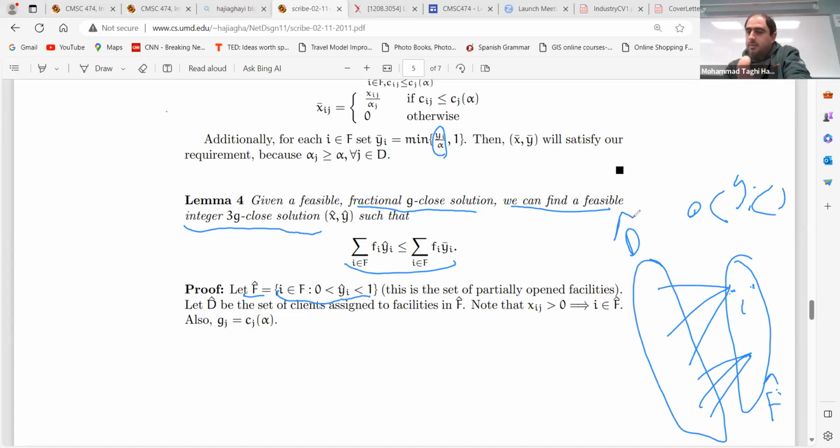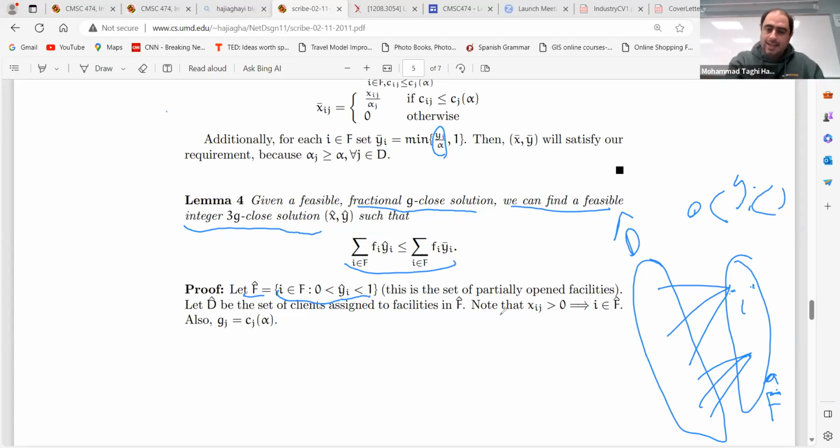We need to decide something for these facilities in F hat because they are partial. This is exactly the concept of rounding. We need to round either to 0 or 1, either completely close or open, in such a way that the total facility cost, which is f_i times those y_i, does not go up. So we need to handle this D hat. There is no other way.